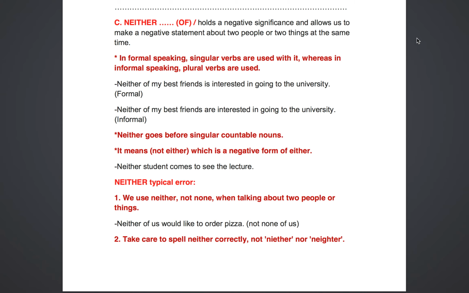In formal speaking, singular verbs are used with it, whereas in informal speaking plural verbs are used. The basic formula that we have for it is using the singular verb because it refers to a singular subject. But in informal speaking or informal writing, you can use plural verbs.